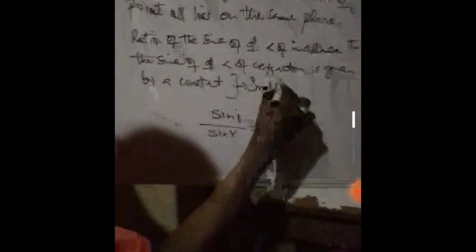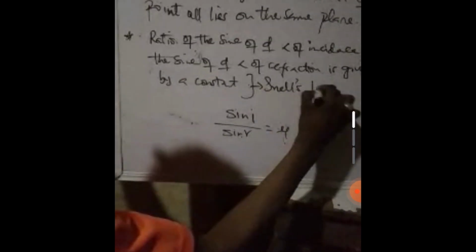It states that the ratio of the sine of the angle of incidence to the sine of the angle of refraction is given by a constant. That second law of refraction was stated by Snell, so they call it Snell's law of refraction.